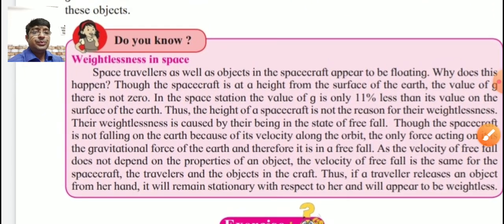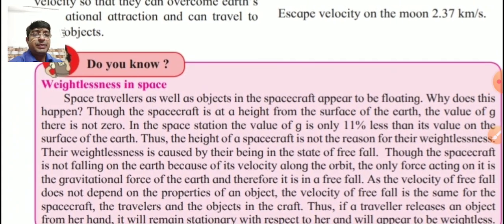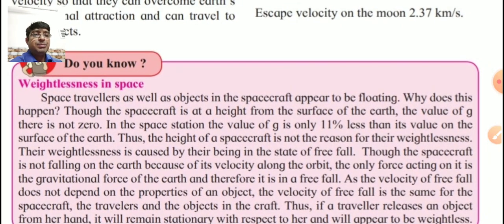So do you know weightlessness in space? Space travelers as well as objects in the spacecraft appear to be floating. I think most of the students have observed the spacecraft in movies, where astronauts or some other objects are easily floating like a balloon.